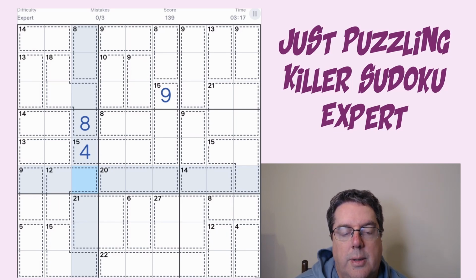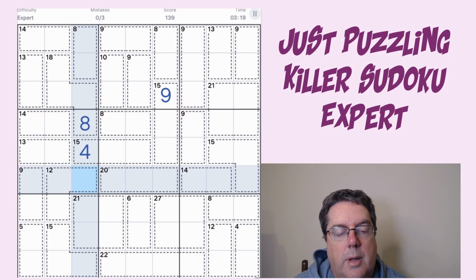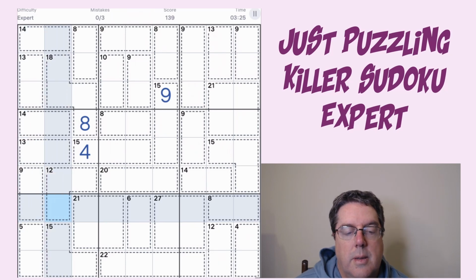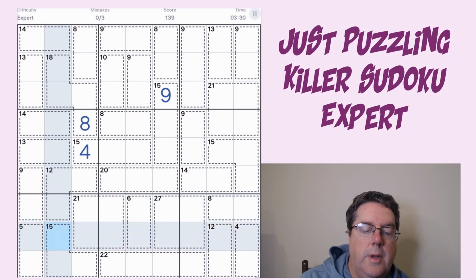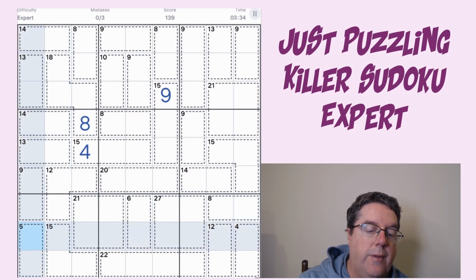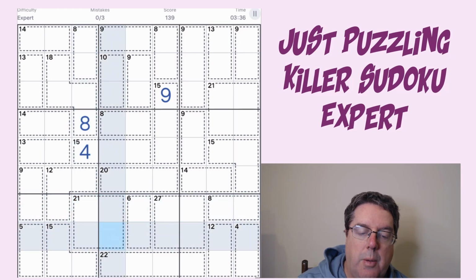So that's 6. So that adds up to 21, and that's 6. So 21 minus 6, that's 15. Alright, so 15 plus 15 is 30, plus 5 is 35, so that's 10, and that'll be 11.